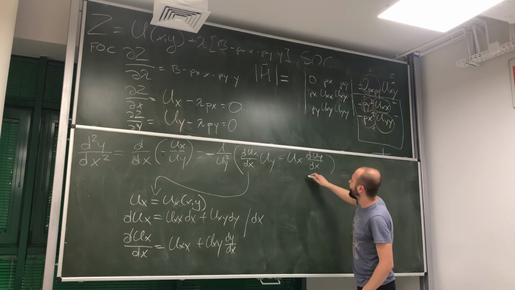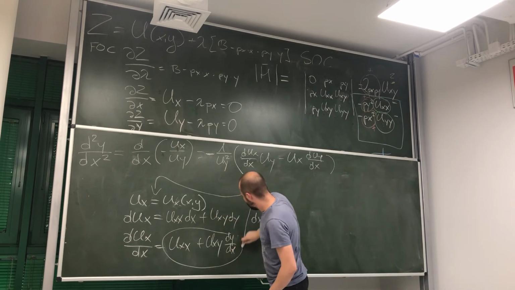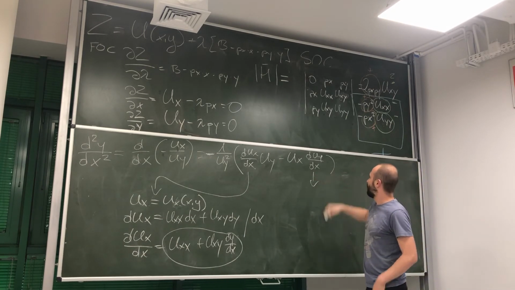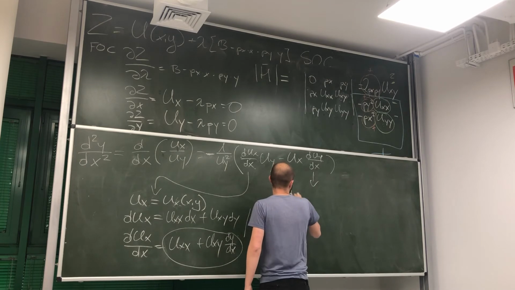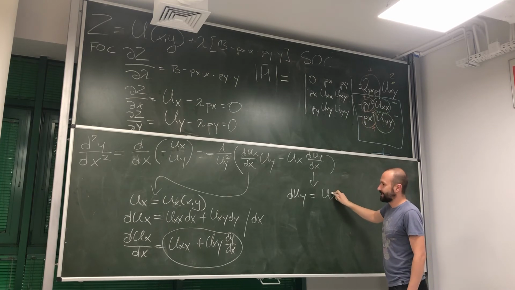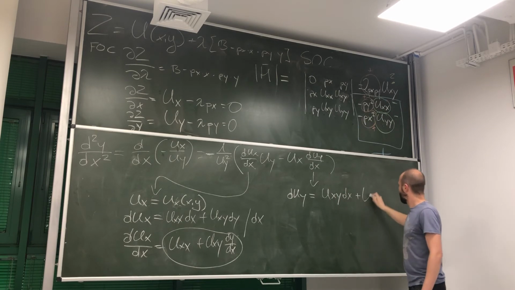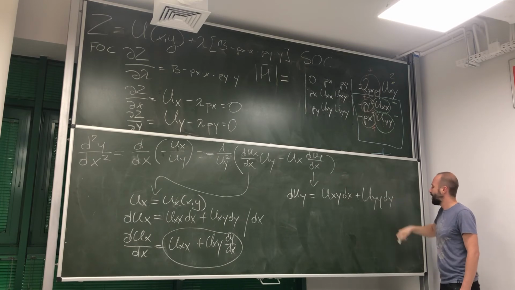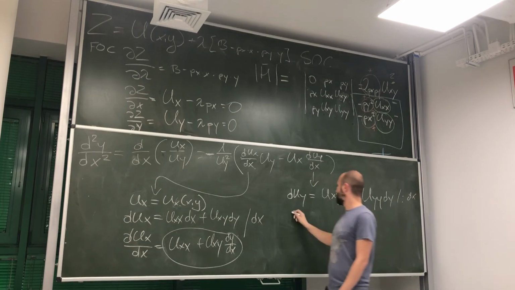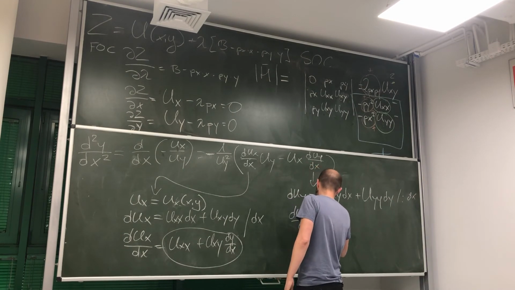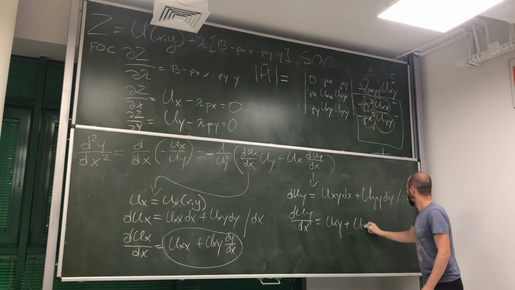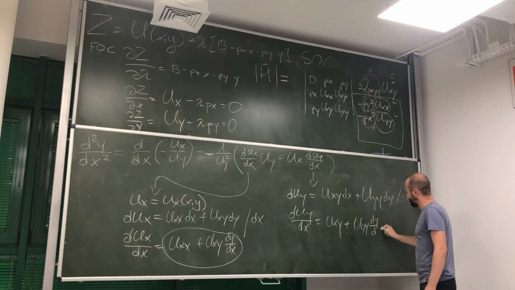So look, I can substitute this over here. And similarly, over here, look, duy, so the change in marginal utility of y, must be equal to uyx dx plus uyy dy. Dividing both sides by dx gives us duy over dx equal to uxy plus uyy times dy over dx.